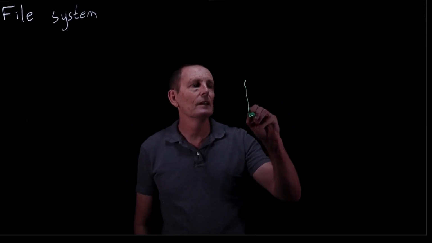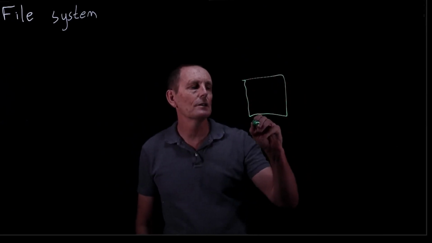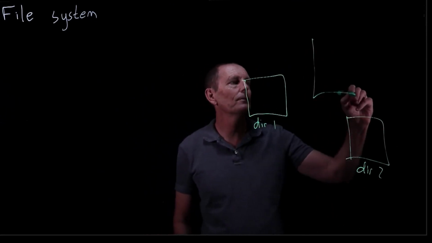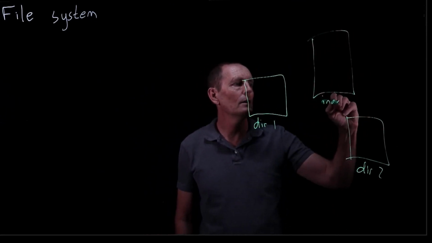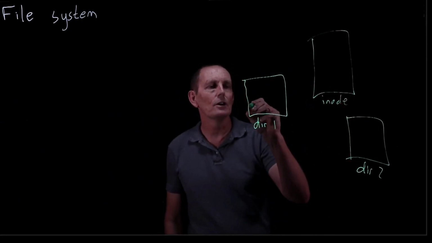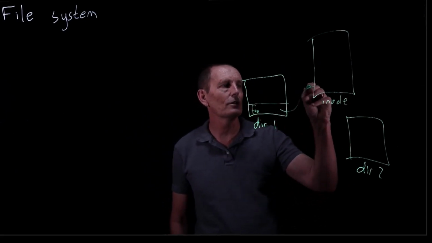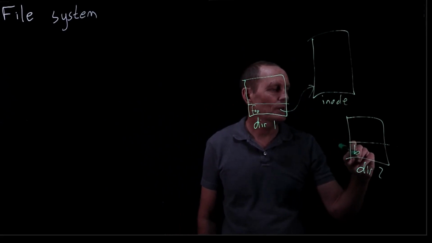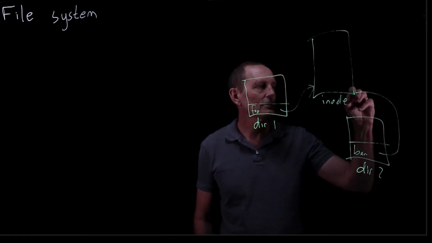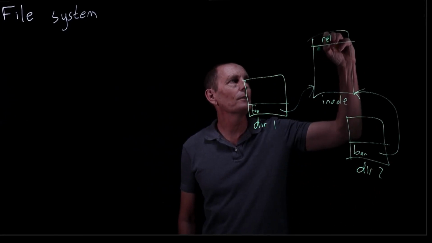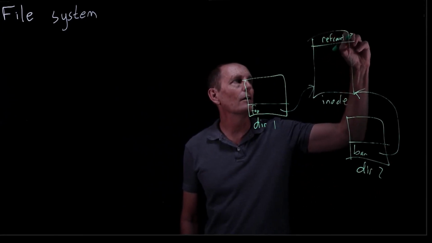Let's talk about how links are actually implemented. So in a hard link, we would have different directories, or really different directory entries, pointing to the same inode. So this directory might be calling this foo, and has a reference to this inode. This directory might be calling it bar, and has a reference to the same inode. Within the inode, we'd have a ref count of 2.